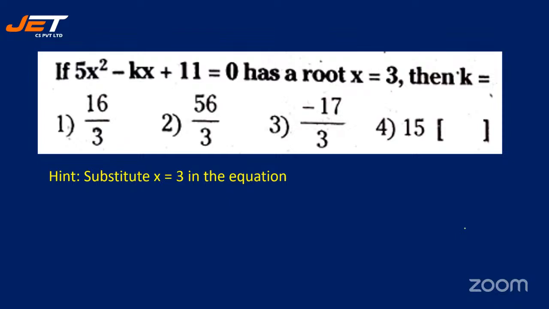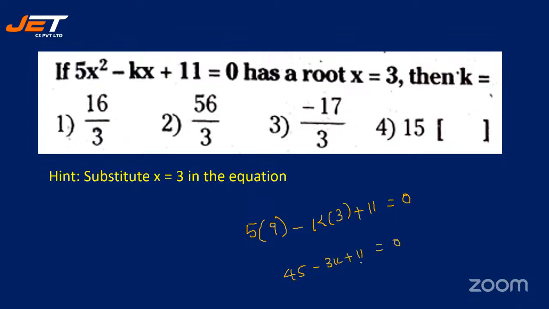Very good students. See here, if 5x square minus kx plus 11 is equal to 0 has a root x is 3, then what is k? You just have to substitute x is 3, then you will get the value of k. So 5 into x square, 3 square is 9, minus k into 3 plus 11 is equal to 0. 5 nines are 45 minus 3k plus 11 is equal to 0.